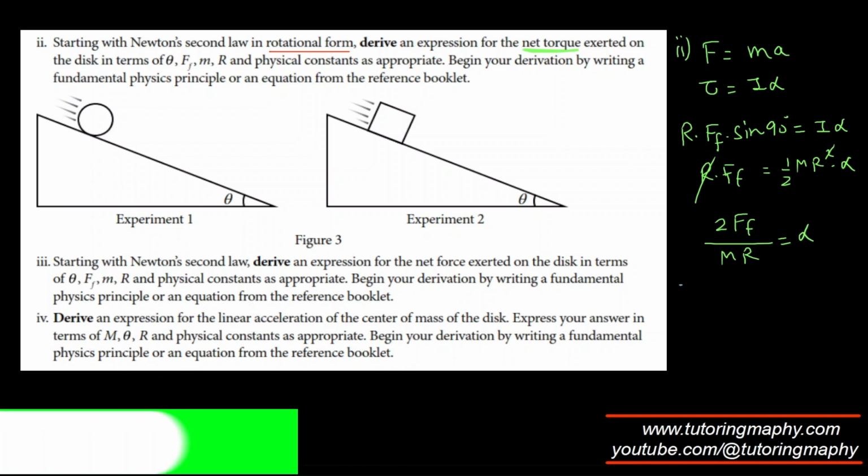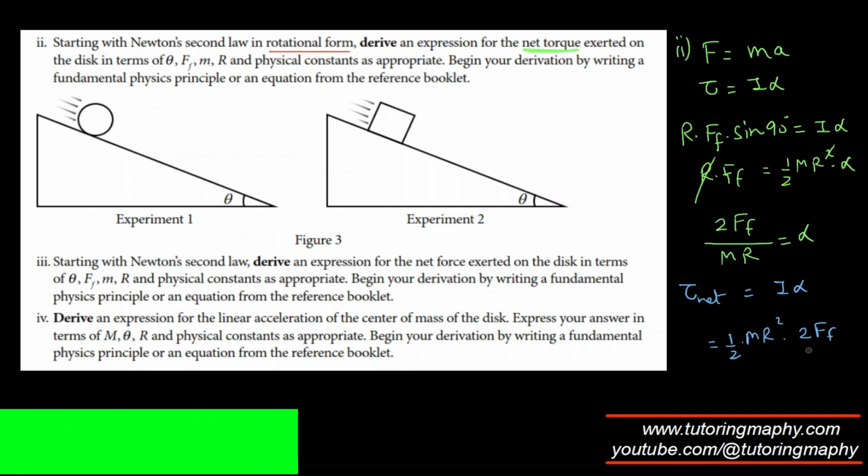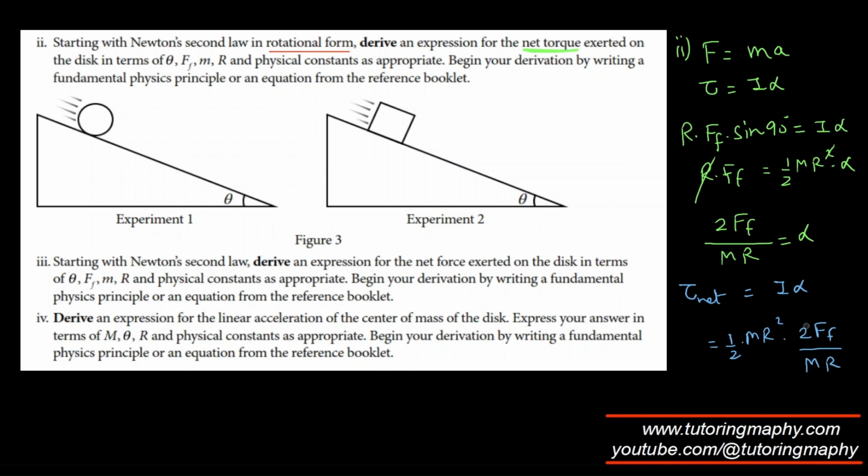So the net torque is tau net equals I alpha, where I is half MR squared and alpha is 2 times force of friction over MR. So this 2 and 2 is gone, M and M is gone, and one R is gone. So I have F of friction times R. That will be the net torque over here, which is pretty much the same thing.